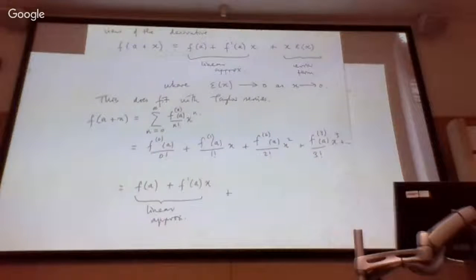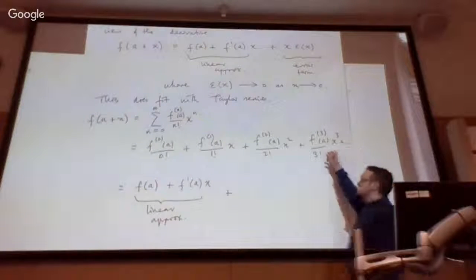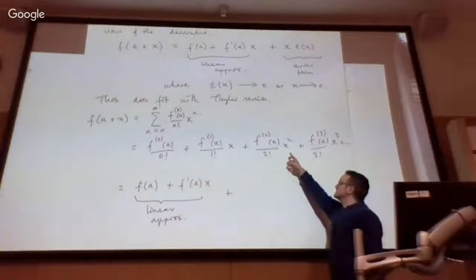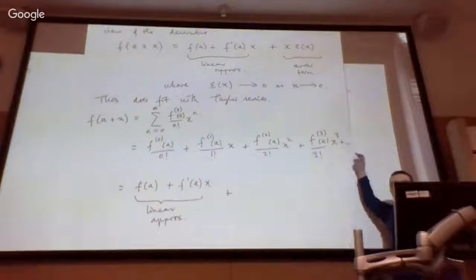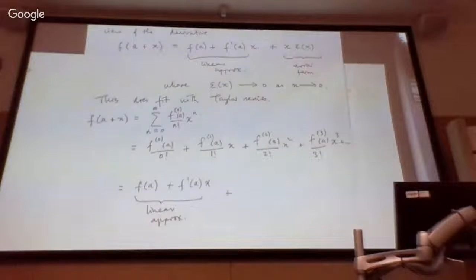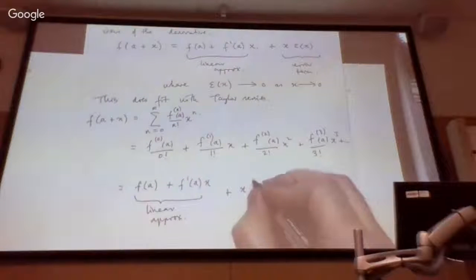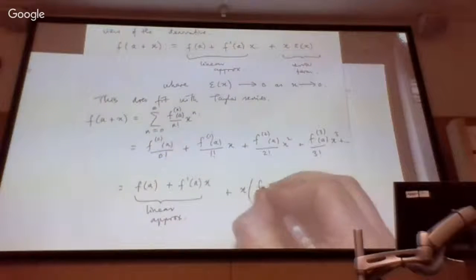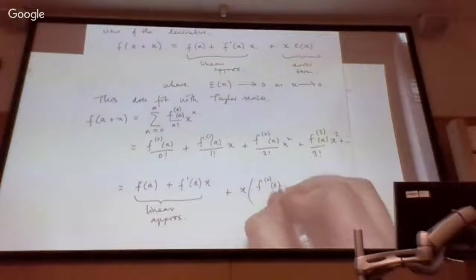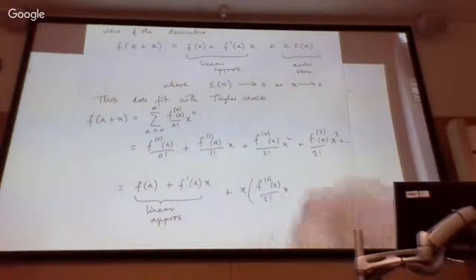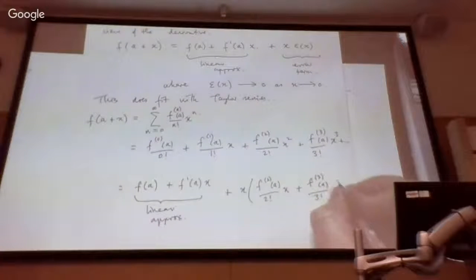And it is easy to take a factor of x out of this, because you've got x squared, x cubed, x to the 4, and so on. So on paper anyway, we can factor out a factor of x. And what's left behind is the second derivative of f at a over 2 factorial times x, the third derivative of f at a over 3 factorial times x squared, plus etc., etc.